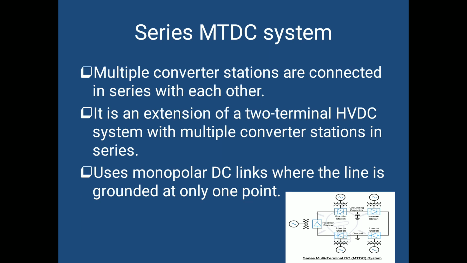The converter stations are usually of lower capacity than the ones used in parallel MTDC systems. The system usually uses monopolar DC links where the line is grounded at only one point. However, a grounding capacitor can be used at any other line for protection against transients.